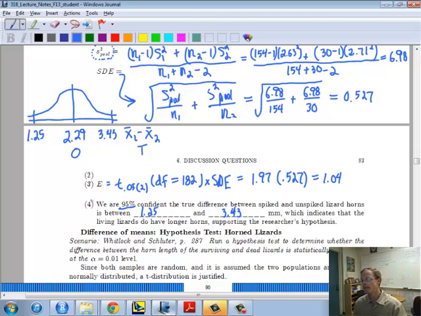Now, in passing, I want to just point out, what's the rate of horn growth? If these guys have been alive and their horns are still growing, then they ought to have slightly longer horns, shouldn't they? So does this just prove the difference here? Well, it gives evidence along the lines of the researchers, but there's still something else going on.